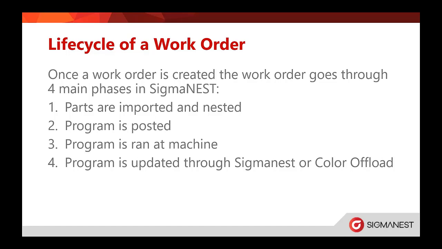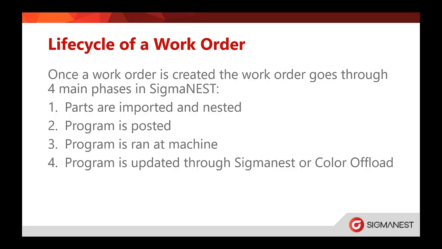So the first part is going to be importing your parts and nesting them. So importing the parts from the work order and then going ahead and nesting them. Generating a program, so the program is posted. After the program has been posted, step 3, we will run the program at the machine. And then lastly, we'll be running program update either through SigmaNEST or color offload.